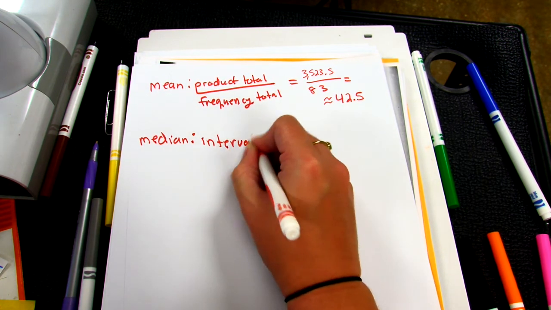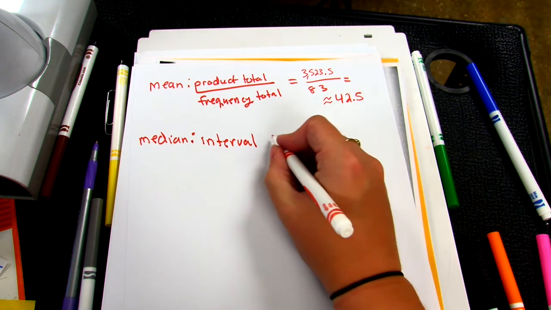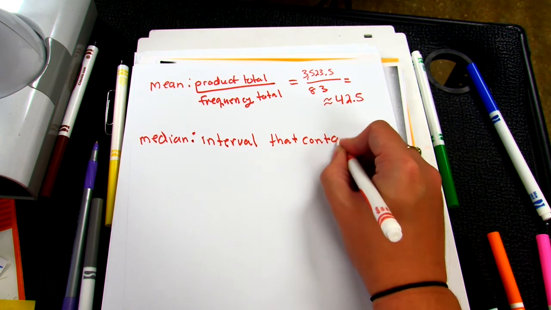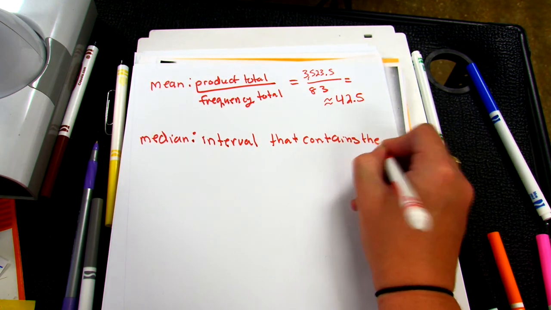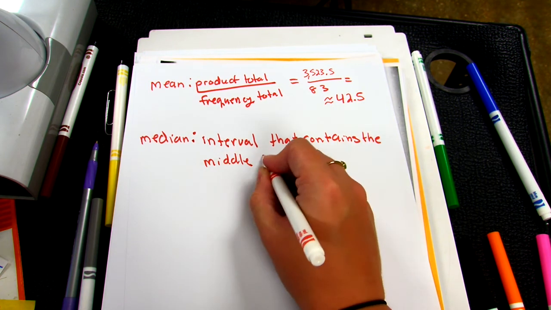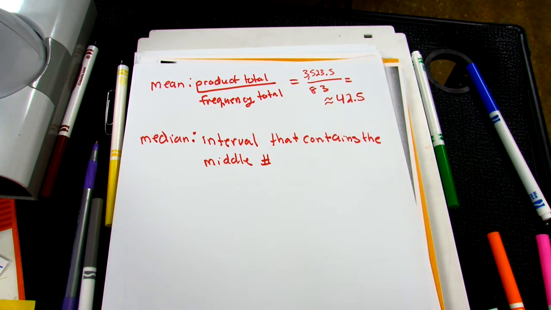Because we don't have data. We only have intervals, right? So it's going to be the interval that contains the middle number. So if we know that there are 83 numbers, because that was our frequency total, then we just need to know what the middle number is, right?